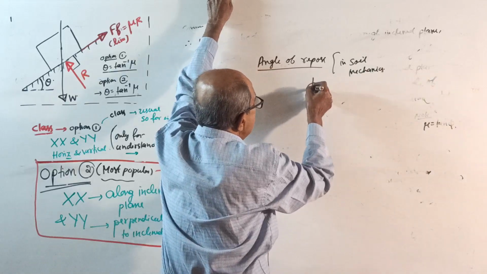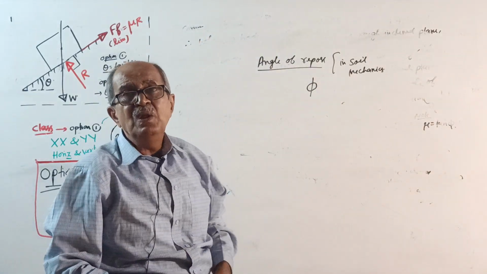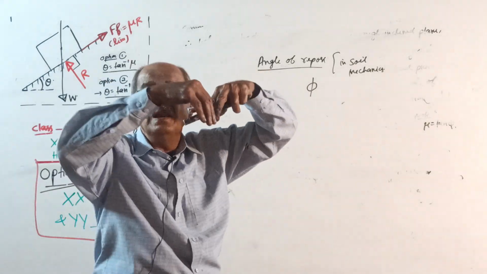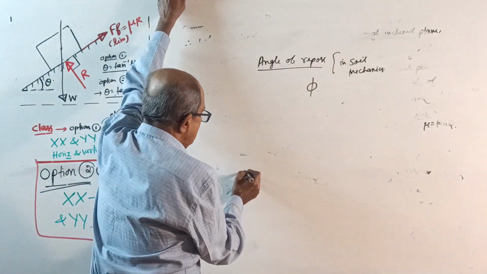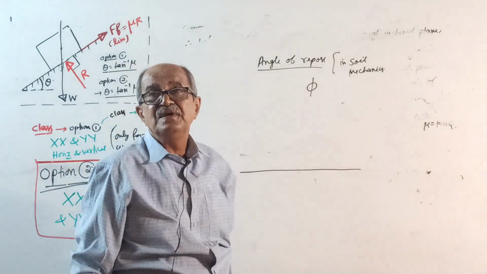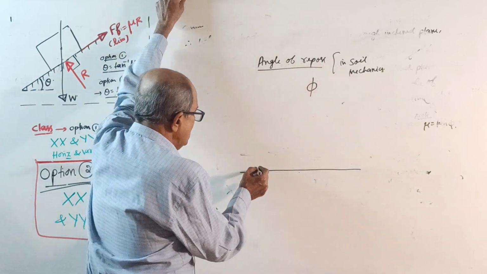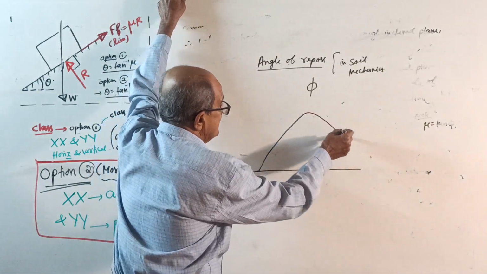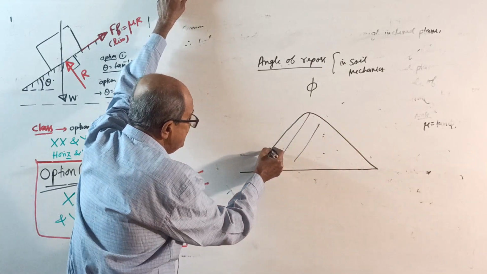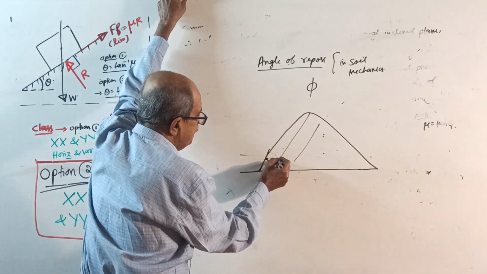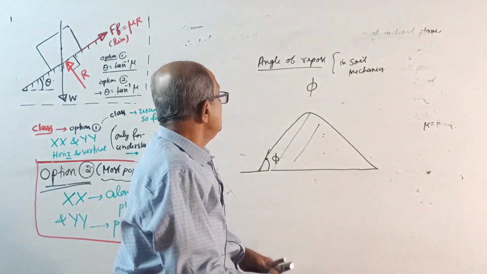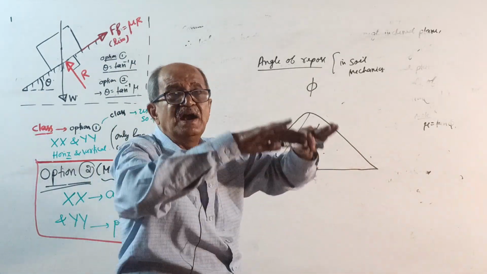Symbol is once again phi there. Suppose you pour soil on a surface. The soil will rest something like this way, correct? This is the soil. Now, this is the angle phi, up to which it is stable. If you put further more soil here, it will start sliding down.